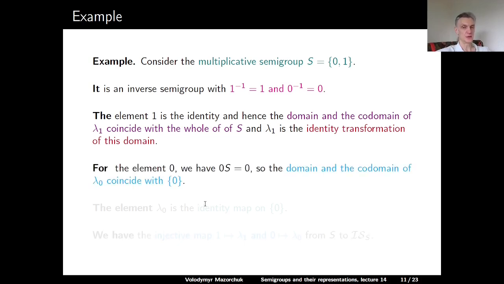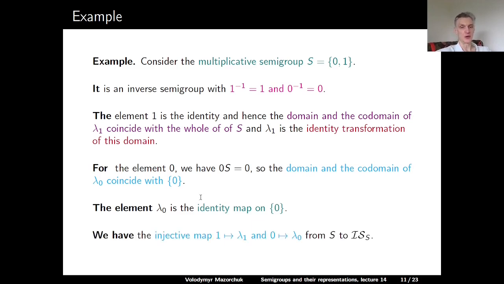For the element 0, the right ideal generated by 0 in S coincides with 0, so the domain and the codomain of lambda sub 0 coincide with the element 0. And lambda 0 is the identity map on this singleton element. This means that we have the injective homomorphism from S to IS on S, which sends 1 to lambda 1 and 0 to lambda 0.